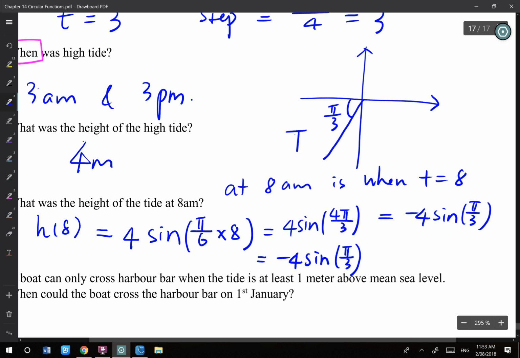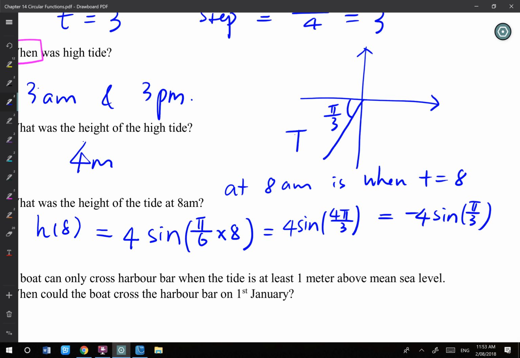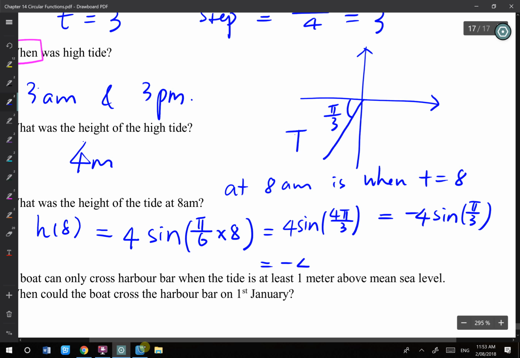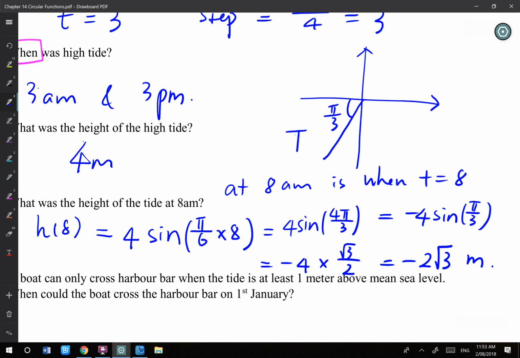Okay, what's sine pi over 3? Root 3 over 2. So negative 4 times root 3 over 2 gives you negative 2 root 3 meters. So at 8 a.m. we have that. Well, if you treat the ground as 0, it can go below the horizontal, that's called the negative.